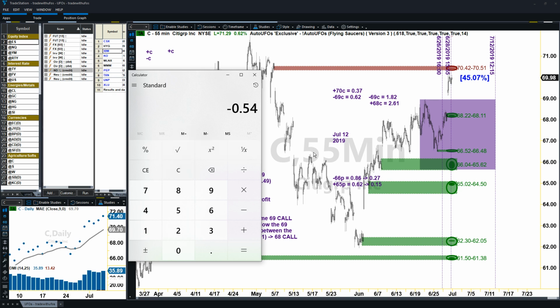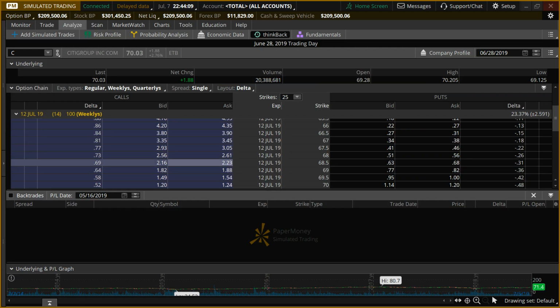Let me look at this again. So 62 plus 182, that's 244. Okay, so here's where we have situations like I was telling you before, that when you want to do damage control, there are times you can do it, there are times you cannot do it. Okay, it's not always that you can do it.